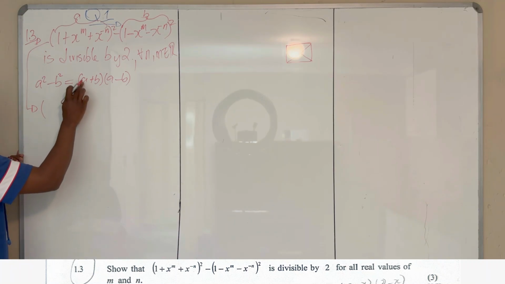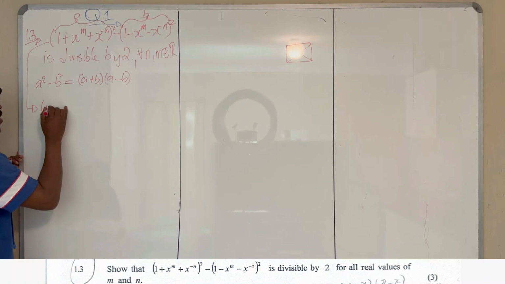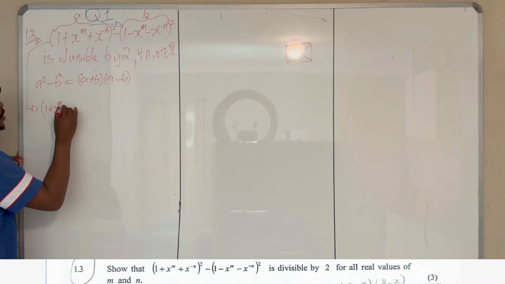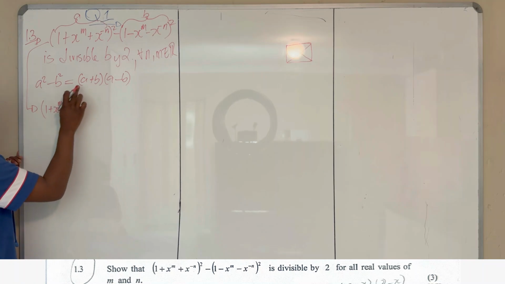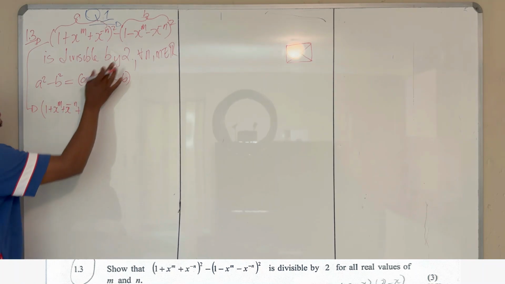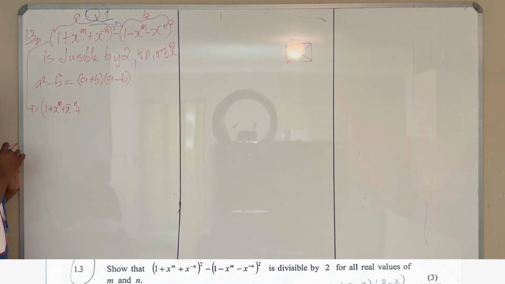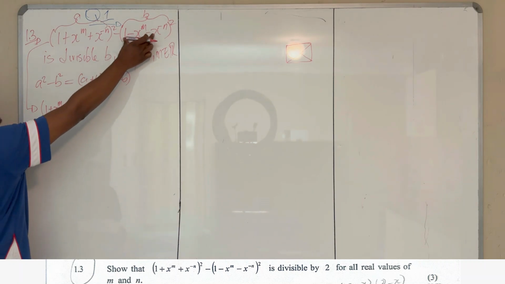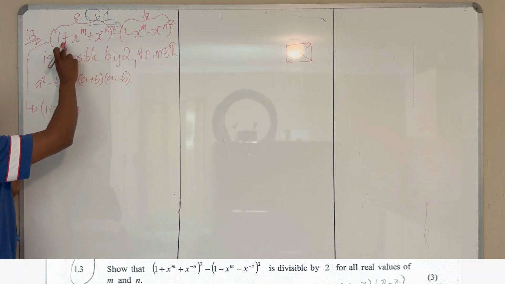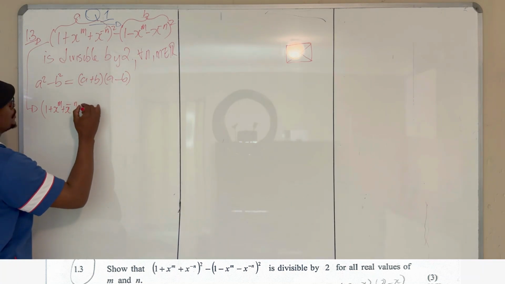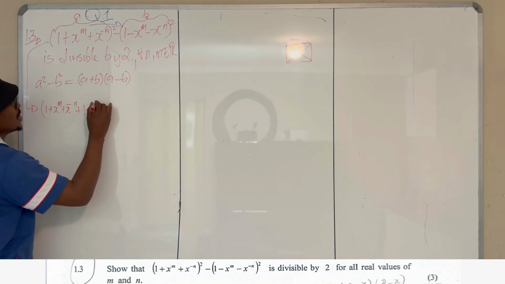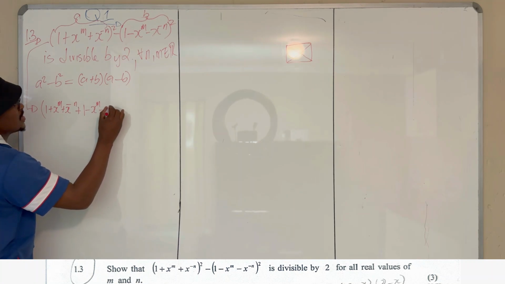I'll put the bracket, A, so we're going to say 1 plus x raised m plus x raised negative n, which is this A, plus B. B is this part. Because this part you're adding, here you're subtracting those things over there, so these are two different things. So plus 1 minus x raised m minus x raised negative n.